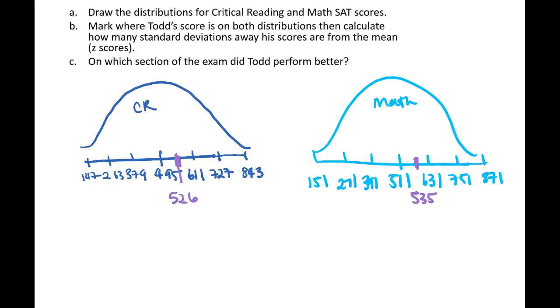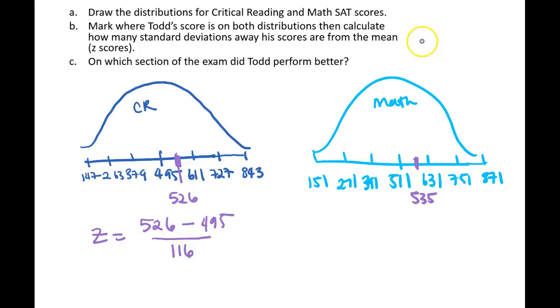mean by calculating z-scores. So if we calculate the z-score, what we're doing is we're transforming each normal distribution with different means and different standard deviations to the standard normal distribution, which is denoted by z. So his z-score for the critical reading would be 526 minus the mean of 495 divided by the standard deviation.